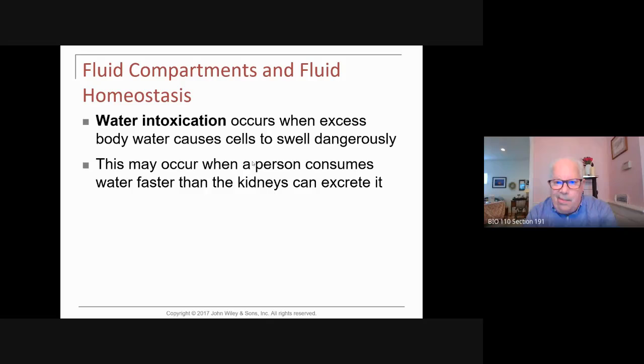This is a deadly problem. Out of those 3 people, I only saved 1. The other 2 died. So it's a deadly problem, and it's basically due to psychiatric disease.